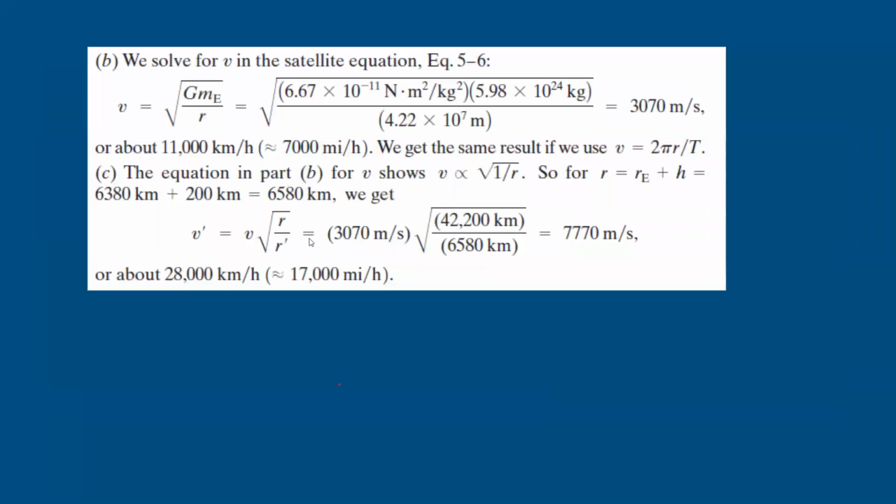To do it, you just have the proportionality because all others are constant. So only r and the velocity here are affected. The velocity we got here is 3,070, r is 42,200, and r prime is 6,580 kilometers, since it is 200 kilometers above, so you just add the radius. So you compare r over r prime, and then 7,770 meters per second, about 28,000 kilometers per hour.